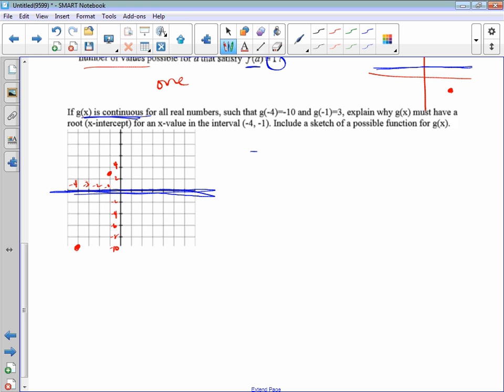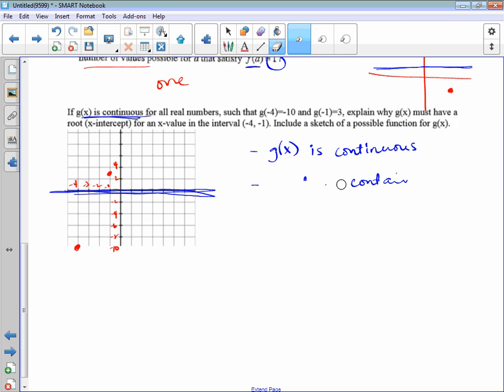We know it's a continuous function g of x. You can say something about the y values. Write it with an inequality. We could say negative 10 is less than 0 is less than 3. So, 0 has to be in between there.